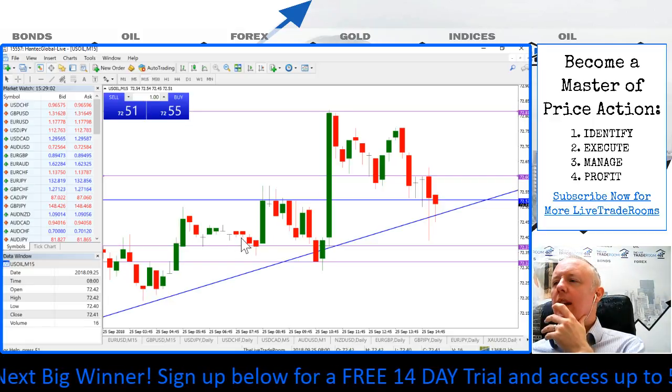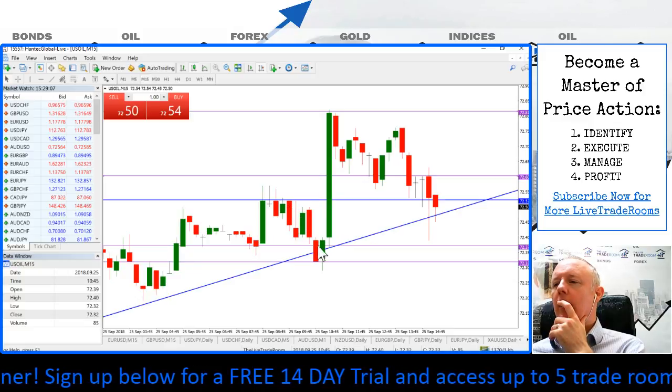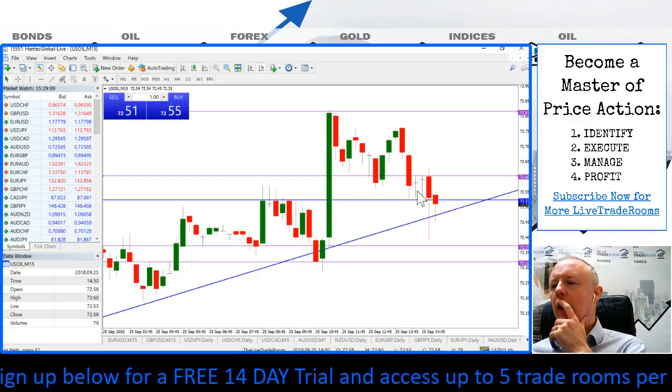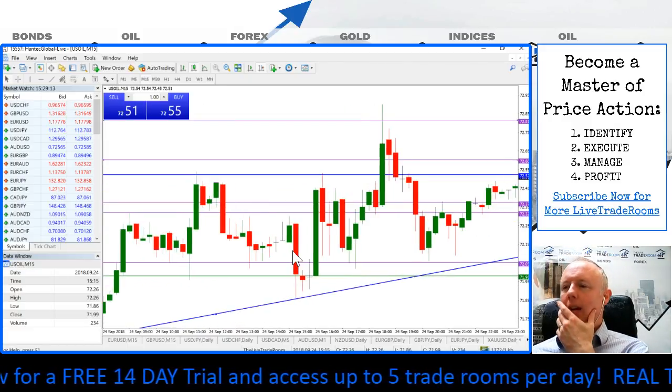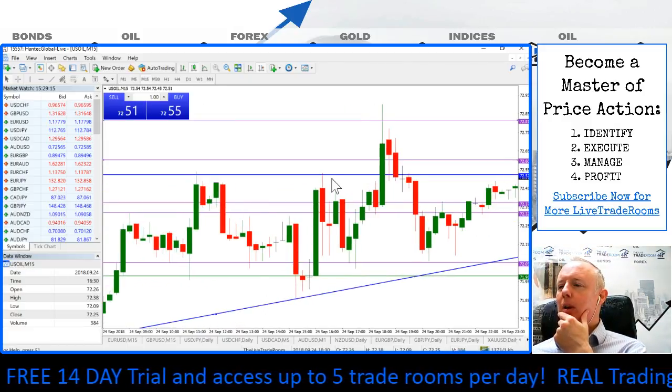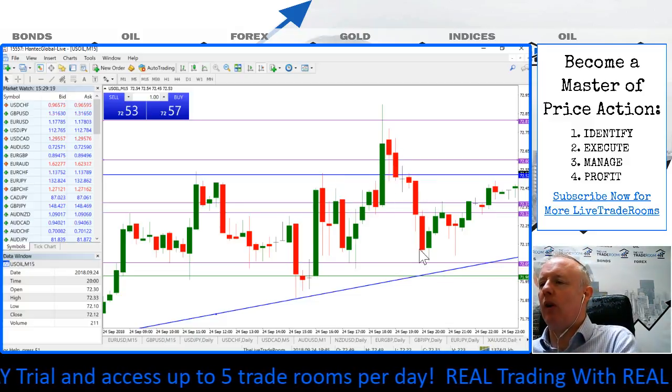So grinding lower, sideways moving, explosive move, grinding lower, explosive move, grinding lower. So that seems to be the oil markets at the moment. Explosive move, little rollover, eventually an explosive move and a rollover.